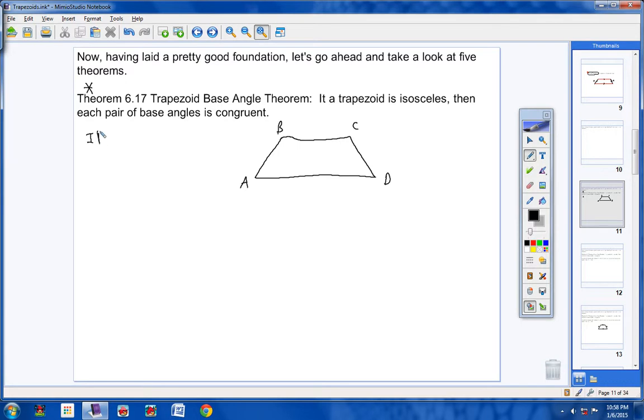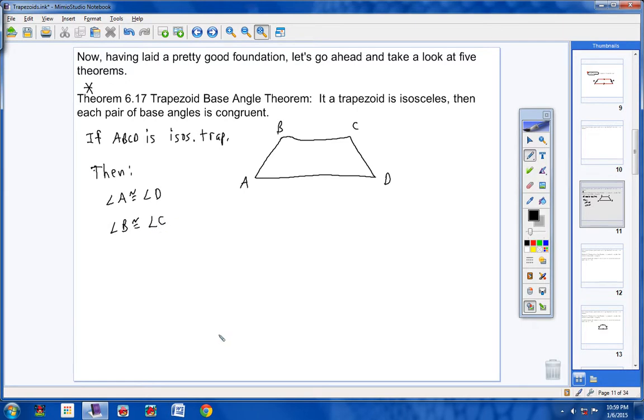If ABCD is an isosceles trapezoid, then angle A is congruent to angle D, and angle B is congruent to angle C. Okay, got it?